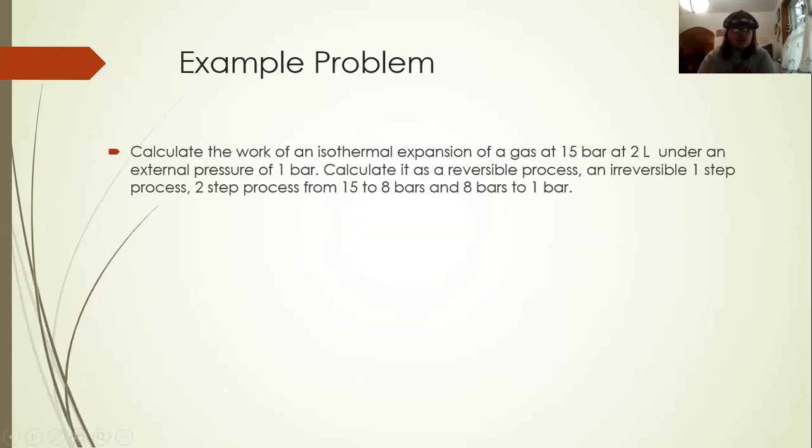So let's calculate the work of isothermal expansion of a gas from 15 bars to 2 liters under external pressure of 1 bar. So first calculate this as a reversible process, a reversible 1-step process, and a reversible 2-step process where we go 1 to 2.